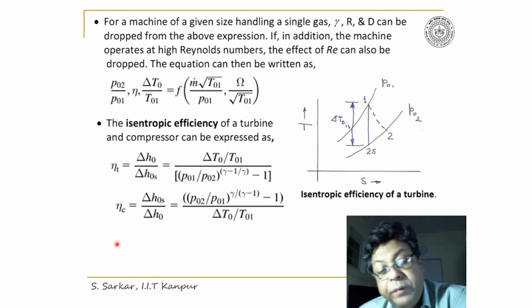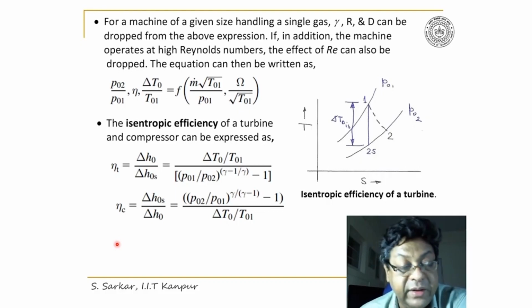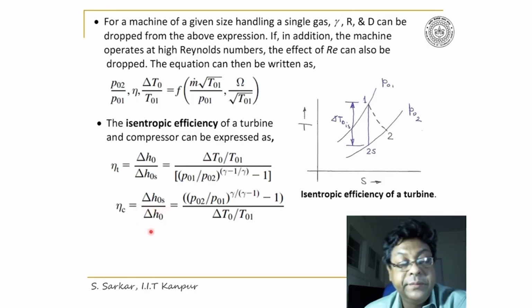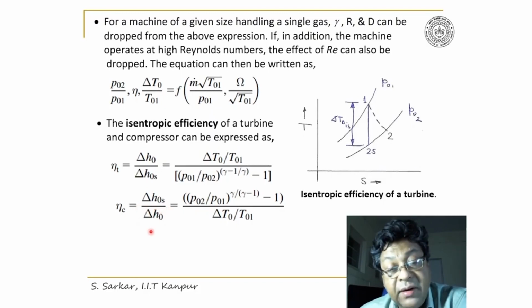Similarly, the isentropic efficiency for a compressor can be expressed as delta h0s by delta h0. Here the actual temperature rise or enthalpy rise for a compression will be higher than the isentropic.